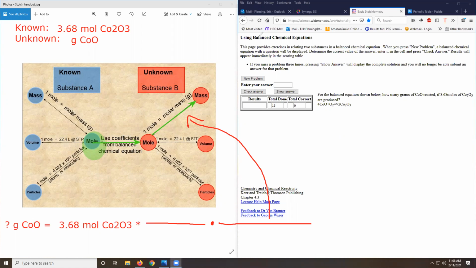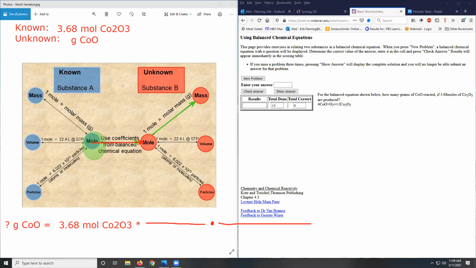Now, there are these things on my mole map. That is the secret to solving these, the mole map. As you're going across from this, what does it say where my arrow just went? Mole to mole. What about on that line? Use the coefficients from the chemical equation.